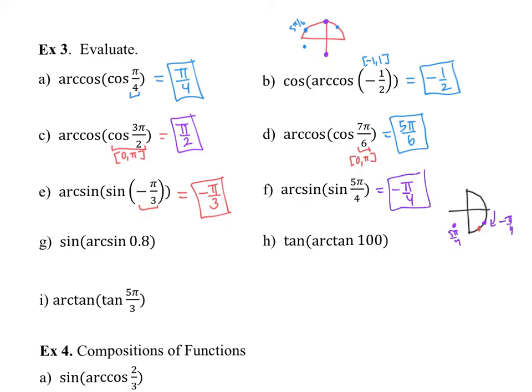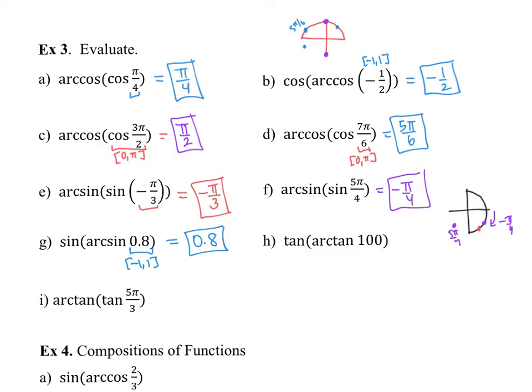Okay, now the next one's a crazy decimal, so I have to think about it. Now G is the sine of the arc sine of 0.8. So the input of arc sine should be between negative 1 and 1. That's between negative 1 and 1, so it should cancel. Now let me look. H is arctangent.